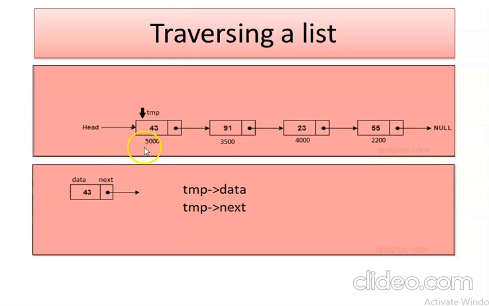If we assign the value of head to TMP with the statement TMP equal to head, then the name of this node is head as well as TMP, because both values are 5000. So we make an additional pointer to this node, one as head and the other as TMP.